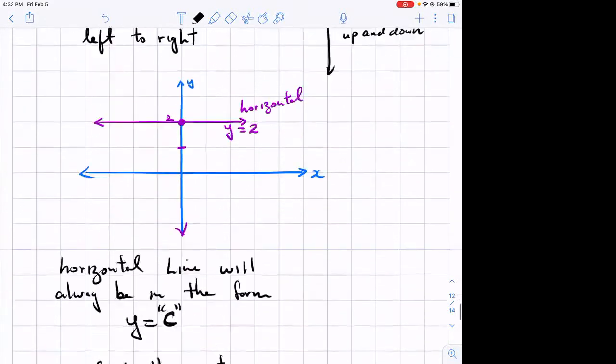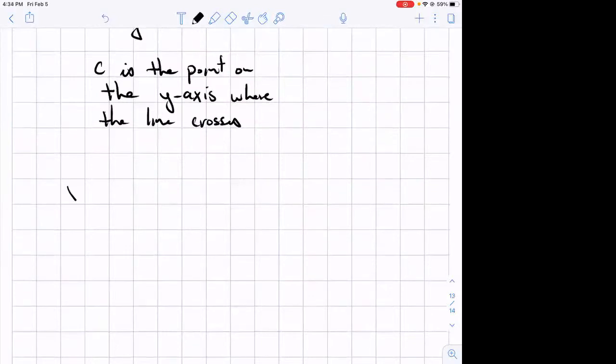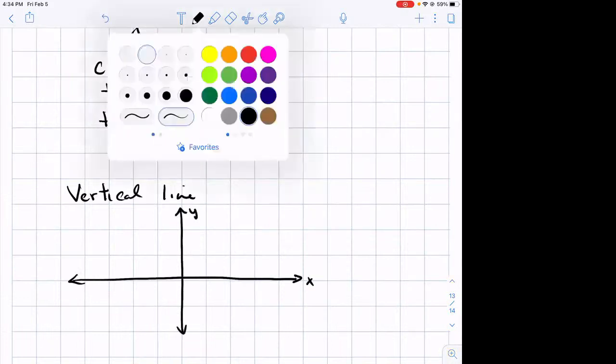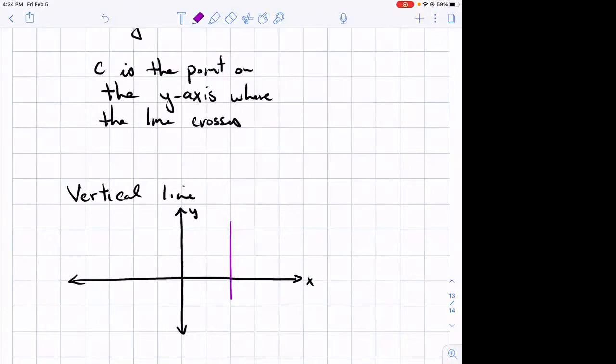Now for a vertical line, if you look at the xy axis again, you will notice that a vertical line will cross the x-axis. Okay, it crosses here. Let's say that point is C.